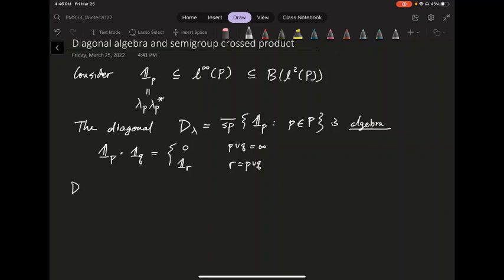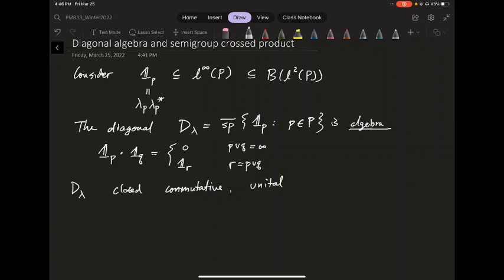And this D lambda, you can treat it as a subset of the L infinity. It's going to be norm closed, where you treat the L infinity inside B of L2 of P. So it's a closed algebra, and it's commutative because all the generators 1p and 1q commute. It's also unital because the identity is essentially 1 of the identity, that's basically the constant 1 in the L infinity, and that's the identity in B of L2.